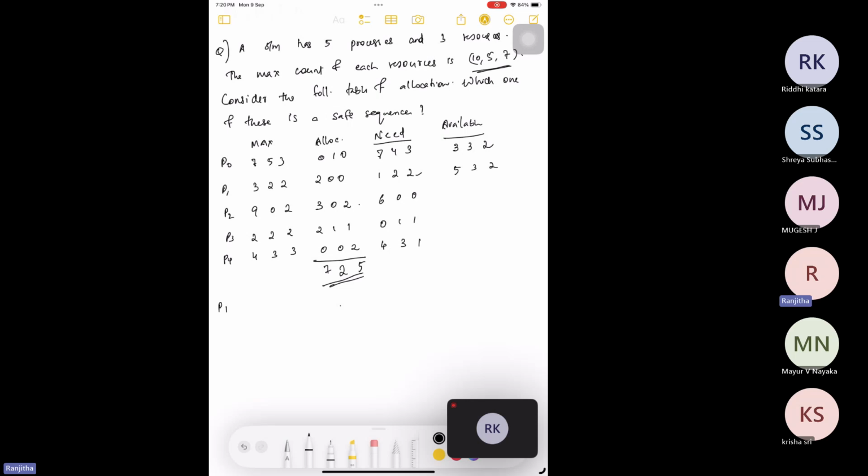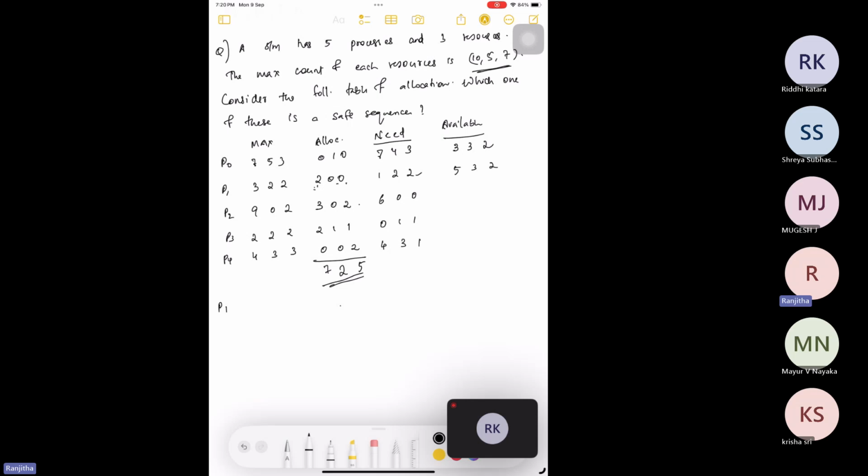Available will increase by 2, 0, 0, because this 122 is anyway being given from the available and then we are again going to add it. So let's not do that step. So whatever is here will come here. So 3 plus 2, 5, 3 plus 0, 3 and 2 plus 0, 2.